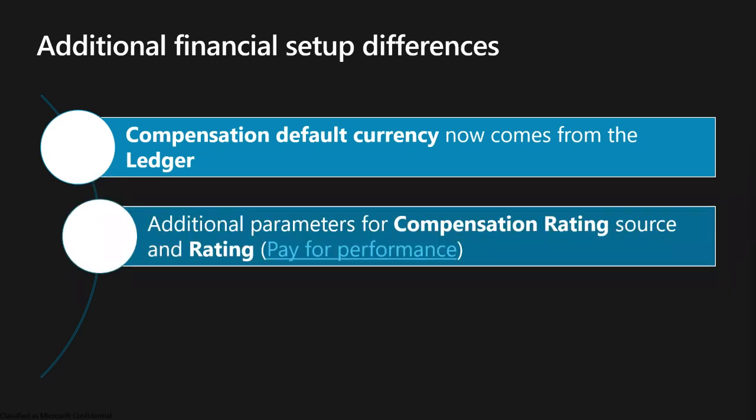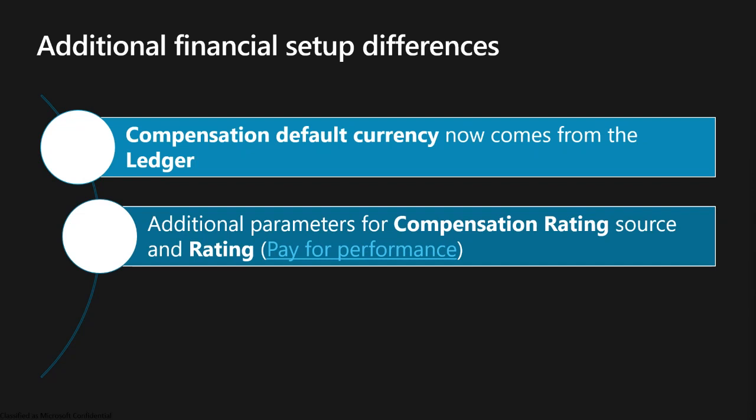Next up, there are some additional parameters for compensation rating source and rating. And these are related to a feature that is part of the merged infrastructure, the pay for performance feature, that existed before the separation and now the rejoining of the two applications back together.